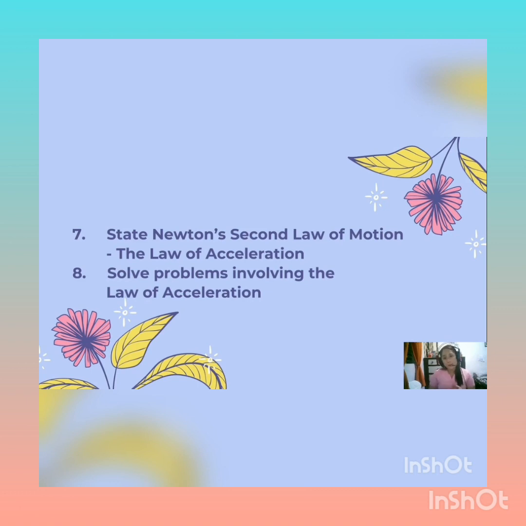These are the law of inertia and the law of acceleration. So, the aim of this lesson is for you to be able to explain and state those two laws. And then for number 8, you will be able to solve problems involving the law of acceleration. So, I am going to introduce the formula in getting the amount of acceleration.